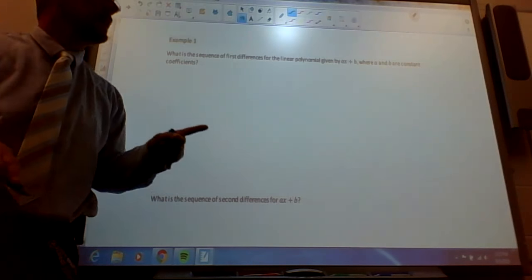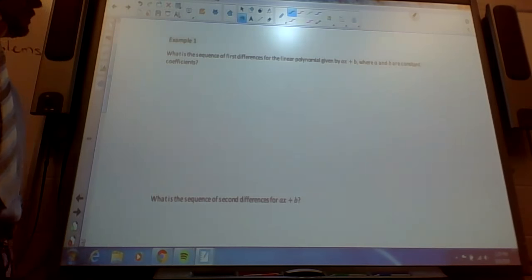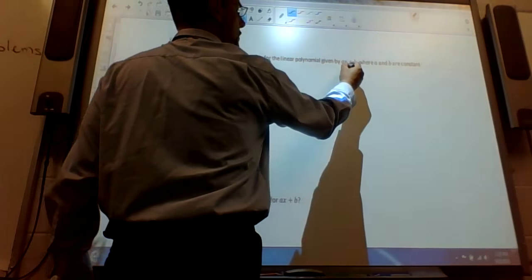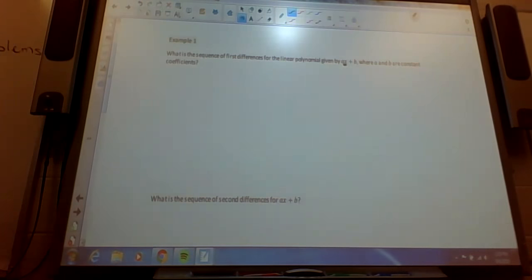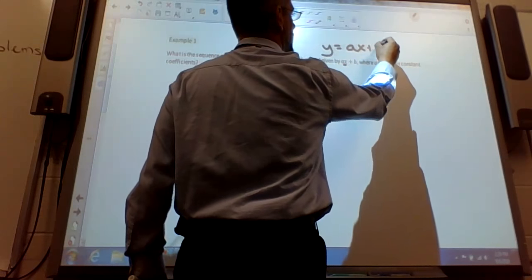Always the same. Now, how do we do this? How do we find the sequence of first differences? Again, I want you to think abstractly here. What do I mean by that? Well, let's think about x is my variable, right? And let's set this to y. So y equals ax plus b.